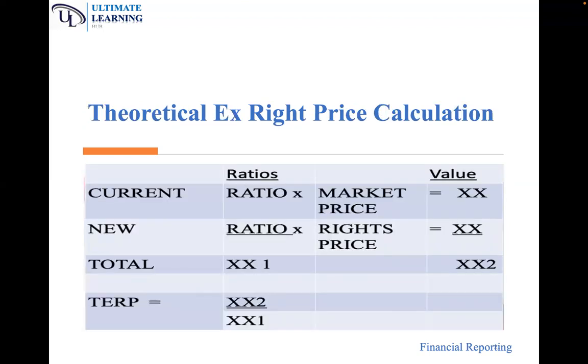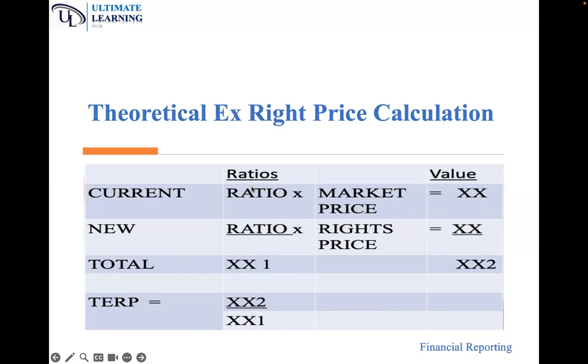Now, how do we calculate the TAP? How do we calculate the theoretical X-right price? Remember, we can issue 1 new share for every 2 shares held. So here, the current will be 2, the new ratio will be 1.